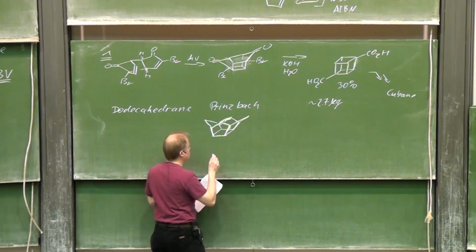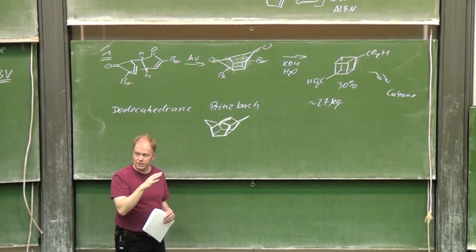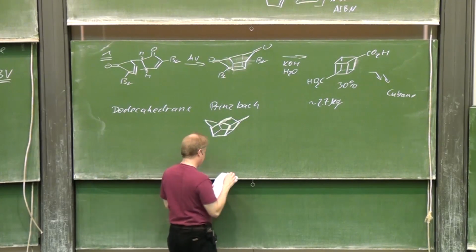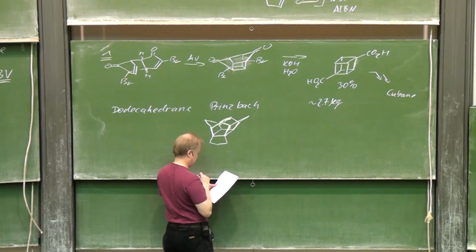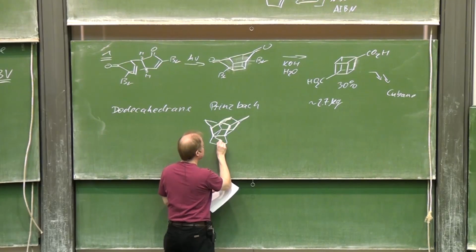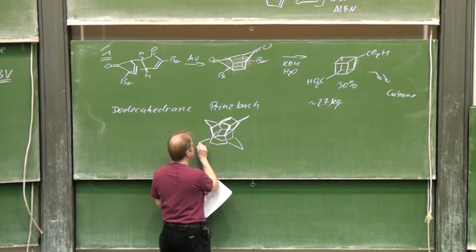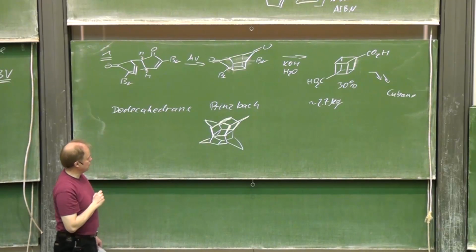So, unfortunately, we have to draw that again symmetrically to the plane of that 4-membered ring. So it wasn't that complicated.